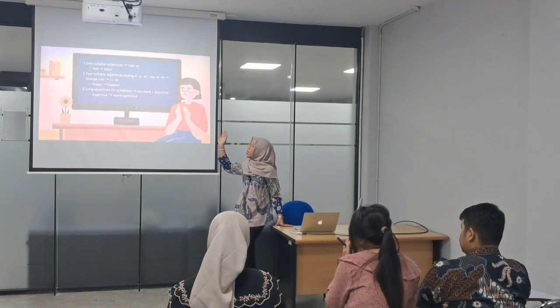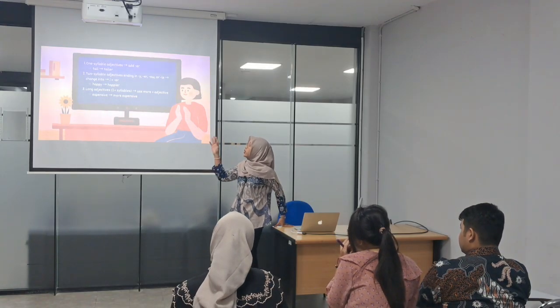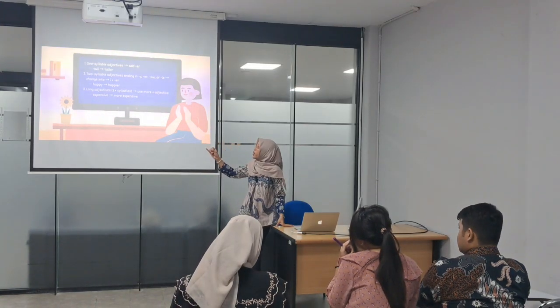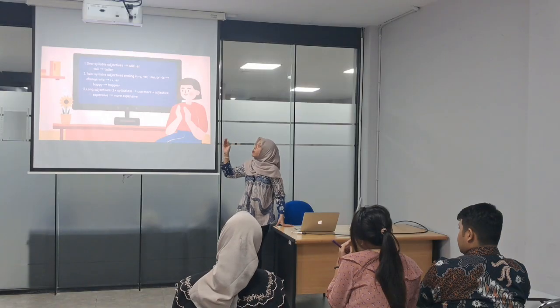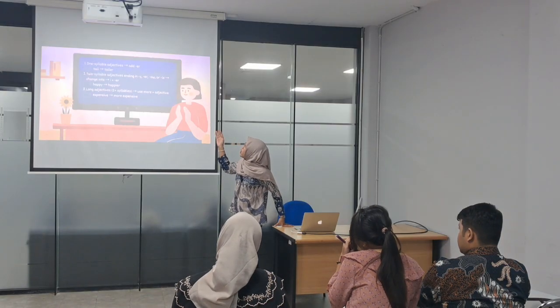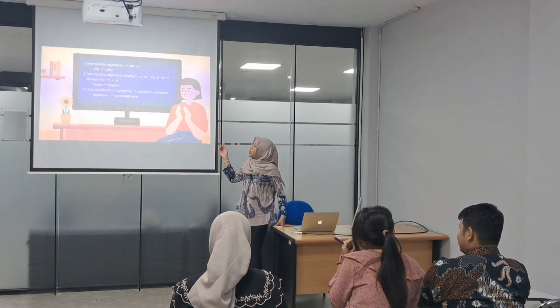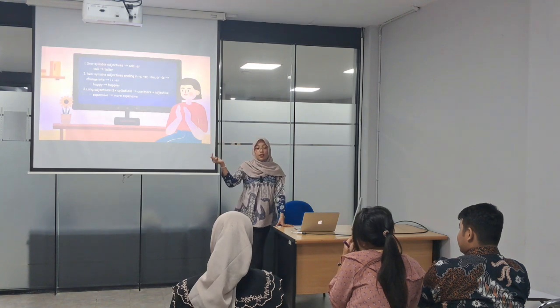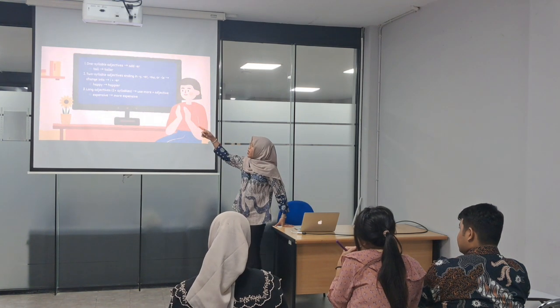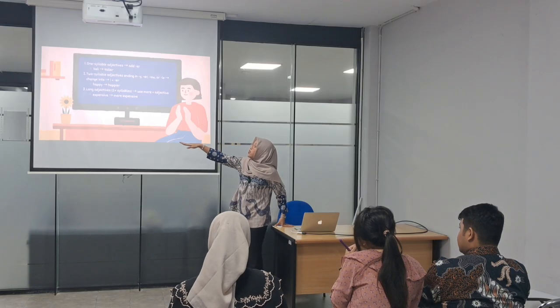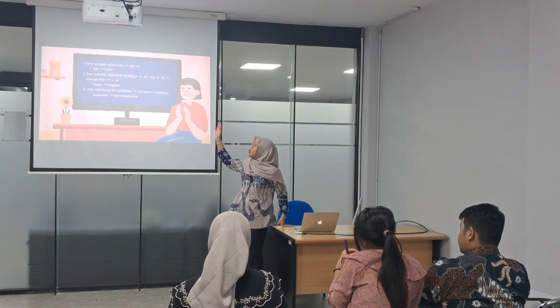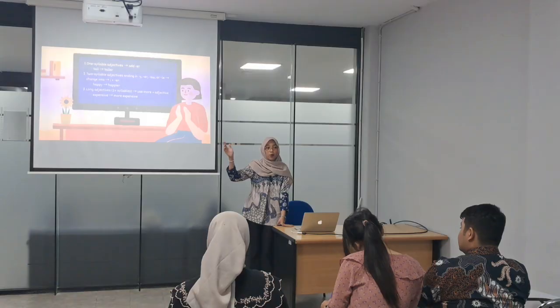And then for two syllable adjectives ending in y, er, ow, or le, you can change the last letter into i plus er. So, for example, happy, you change it into happier.